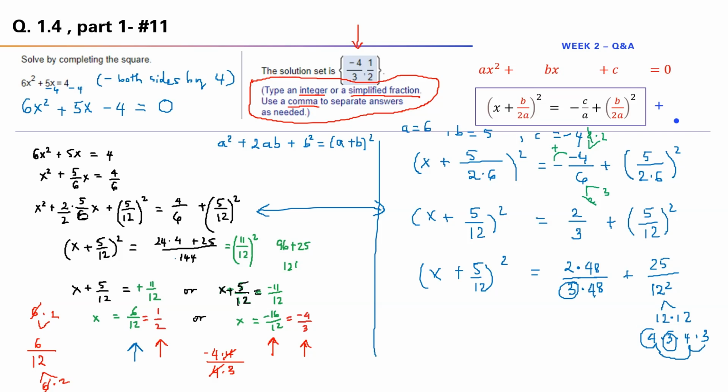Now at the bottom, they have the same denominator. I will have 48 times 2 is 96, plus 25, over 144.